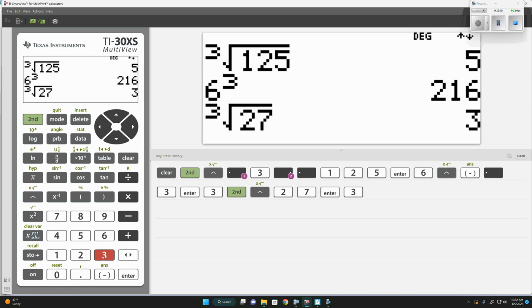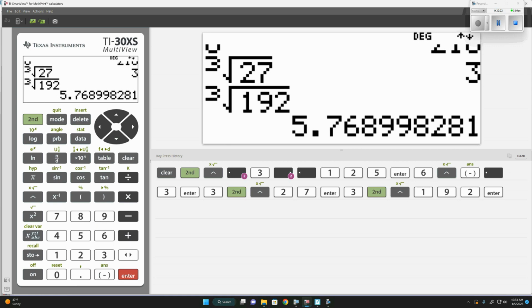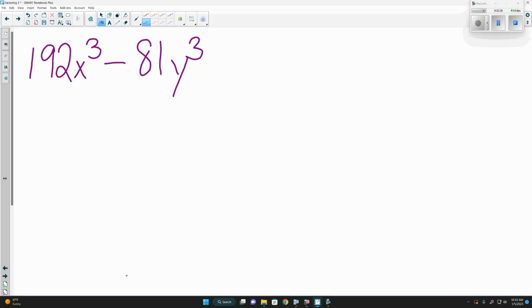Let's see if we can take the cubed root of 192. 192 doesn't have a cubed root, but is there a greatest common factor between 192 and 81?